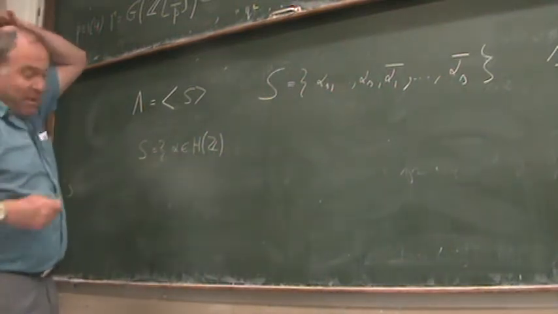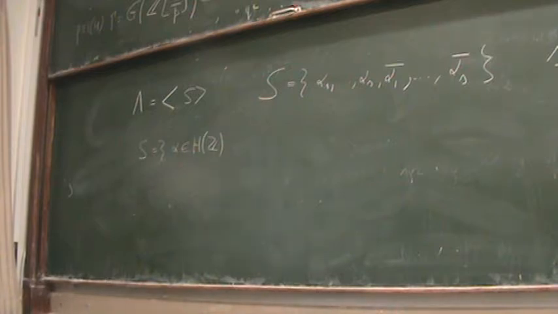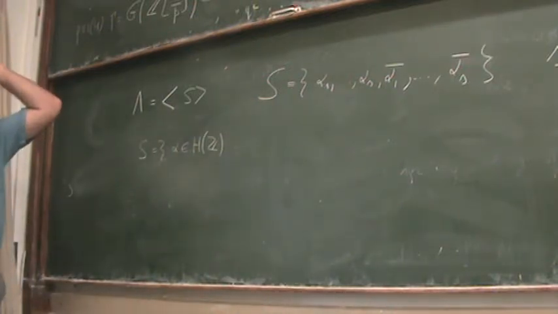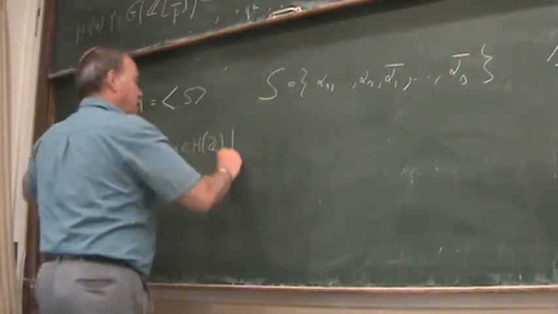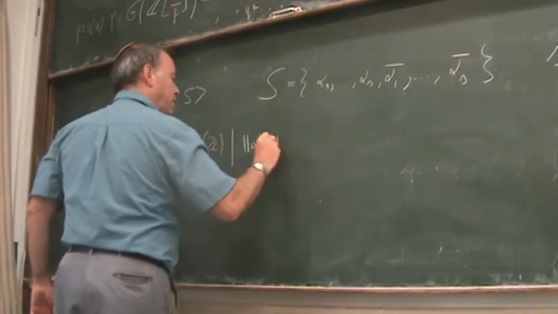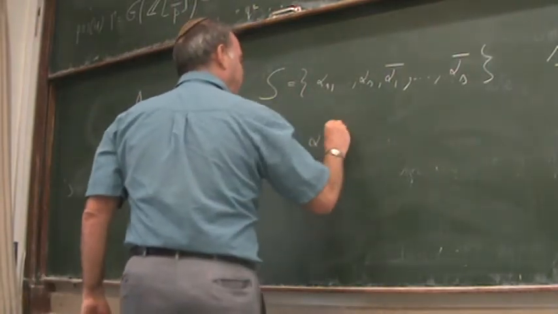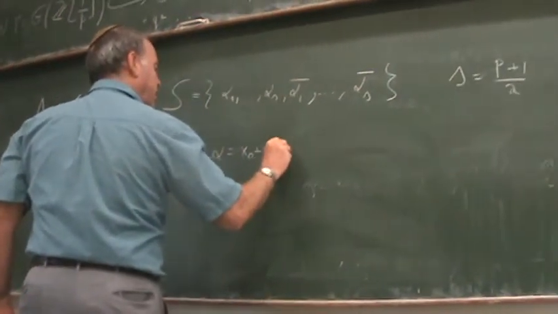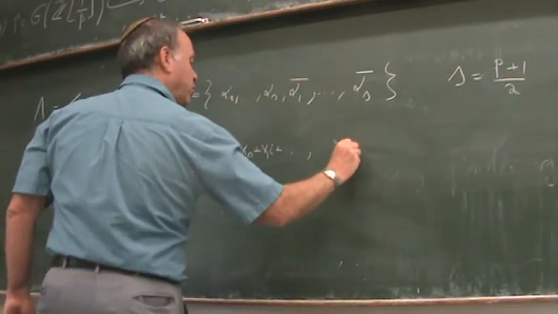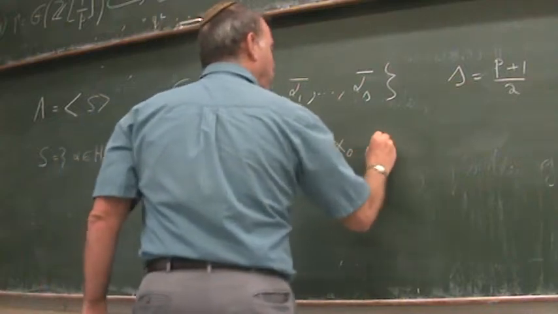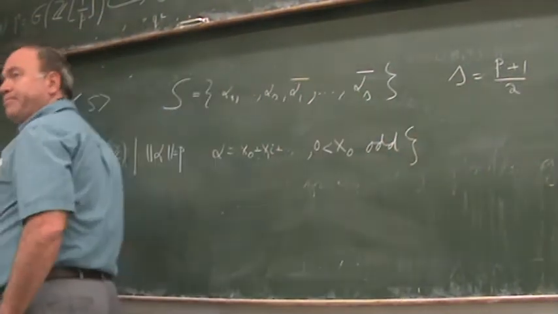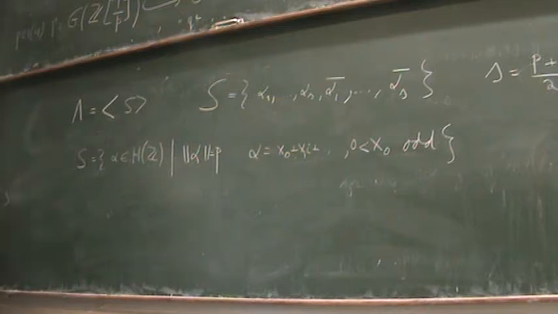We can think of them as elements of our group, because if you remember, elements of norm p, so let's say the norm of alpha is p, and if you write alpha as x0 plus x1 i, etc., then x0 is greater than 0 and odd. Okay, you remember now? We took these specific p plus 1 elements satisfying this property, and we showed that there are p plus 1 elements like that because of Jacobi's theorem.